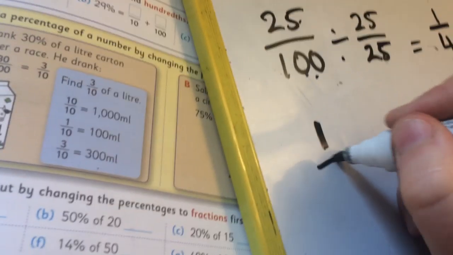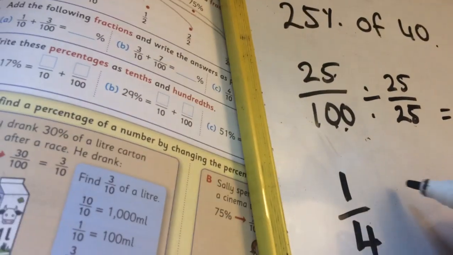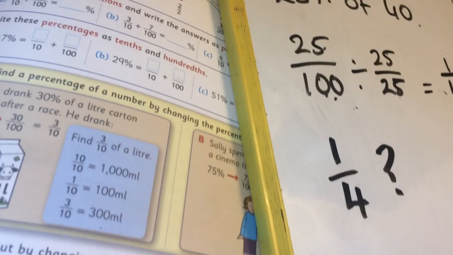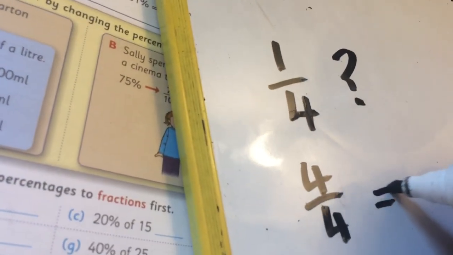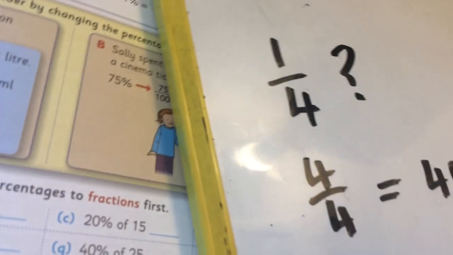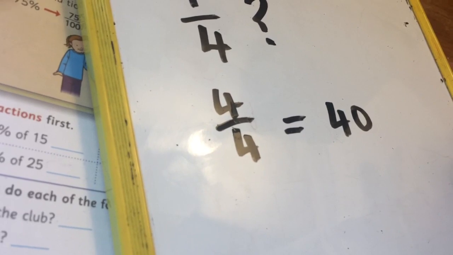So we need to find 1/4. 4 quarters, the whole amount, is 40. We know that the total number of kids going to the youth club is 40.